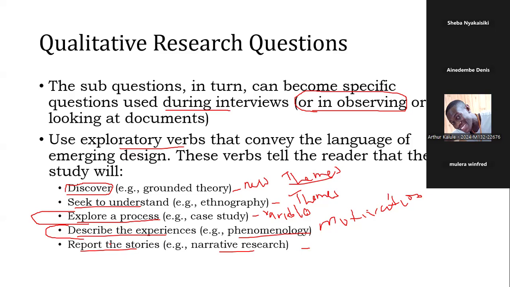Describe the experience of implementing a new system and maybe how it improves a process, or the experience of users when this new application is implemented in a particular case study.